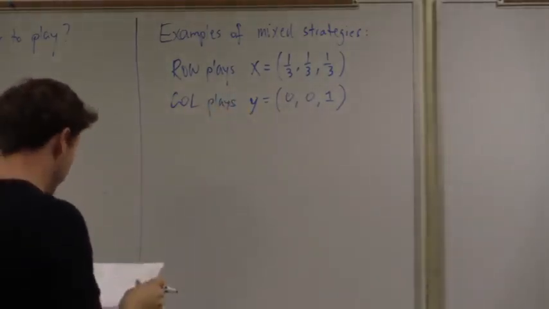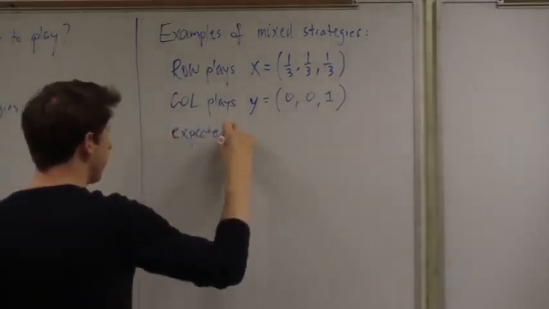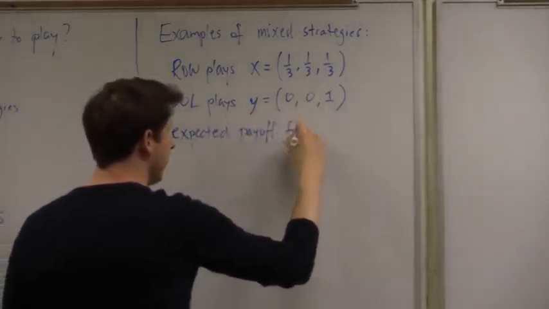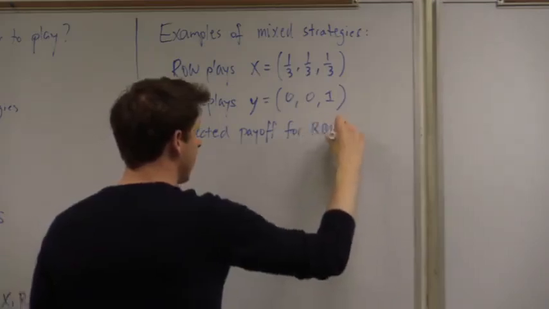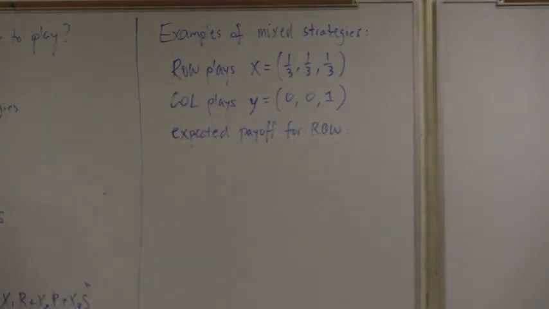If this happens, then the expected payoff for the row player, again, because we always have the perspective of the row player, is what? Well, we have this sum to compute.